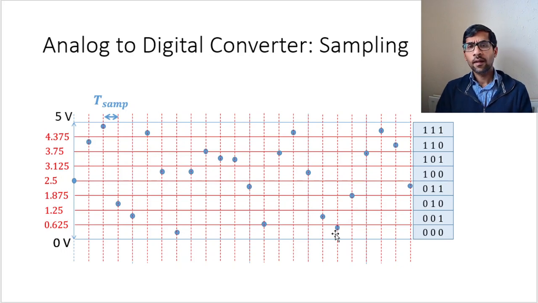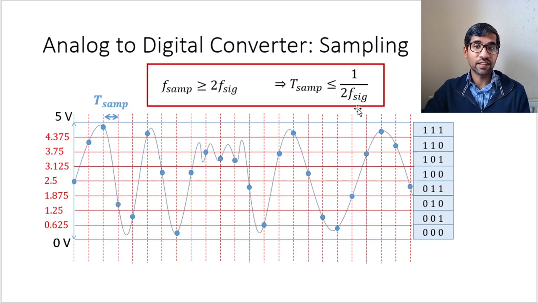Now you may say, well, that seems to lose quite a lot of information from our signal, and you will be right if you don't choose your time interval properly. But if you choose your time interval well, then you can have a lossless transition from the analog signal to the digital signal. The condition that gives us a lossless signal is given by this equation in the red box here, which is called the Nyquist criterion.